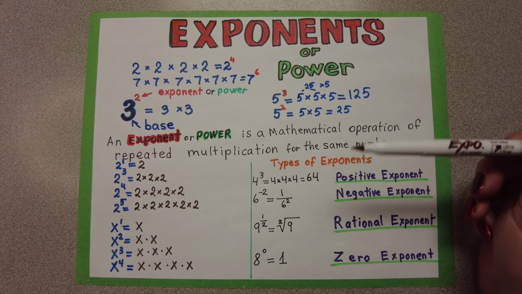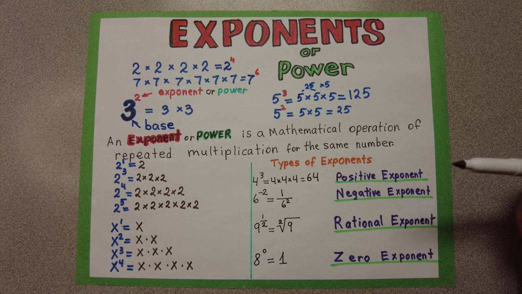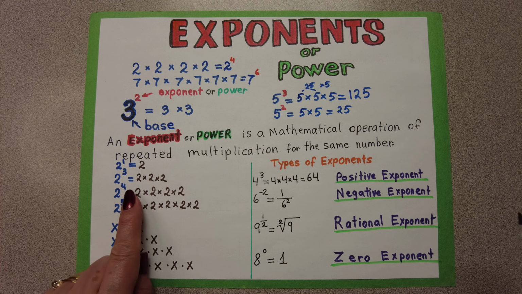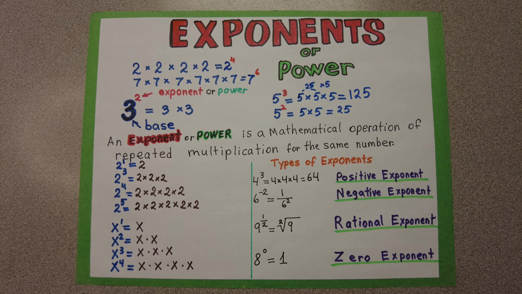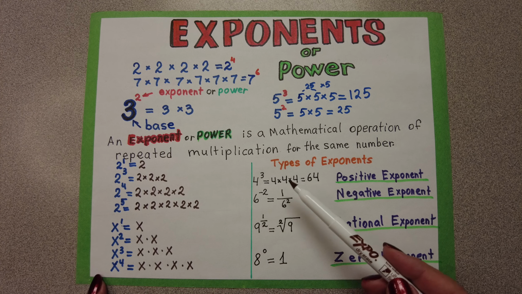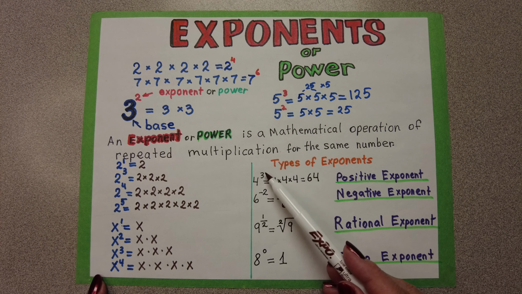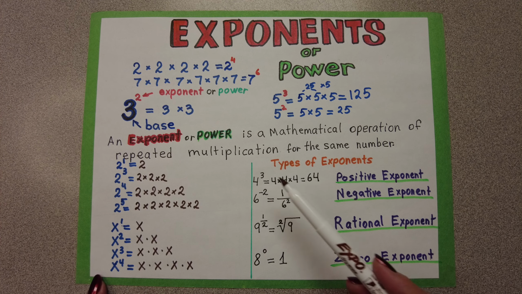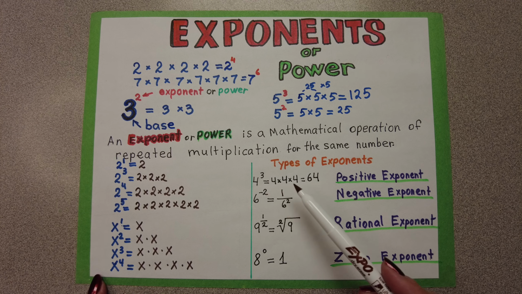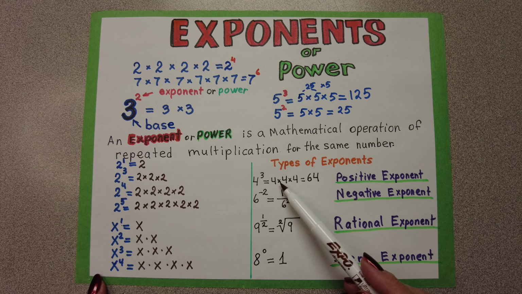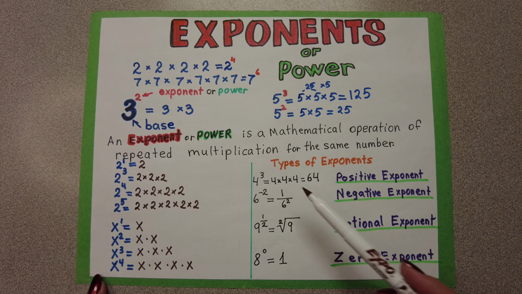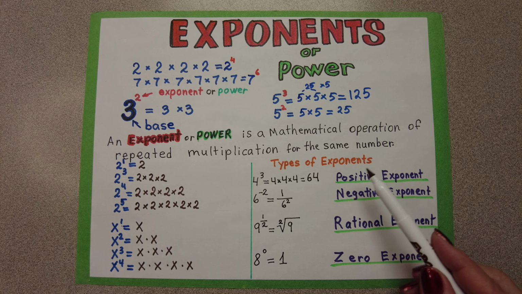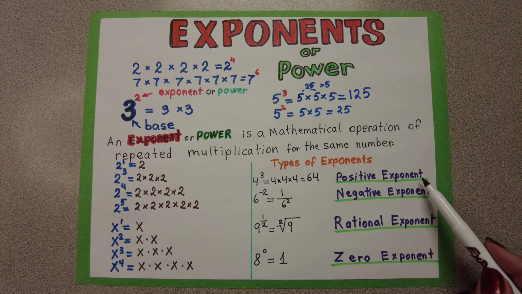There are different types of exponents. Like simply here we had 3, 4, 5, positive numbers. In this case, here 4 to the power of 3. This is a positive number in the exponent. So we did 4 times 4 times 4, 3 times 4 we multiplied together. We call this a positive exponent.